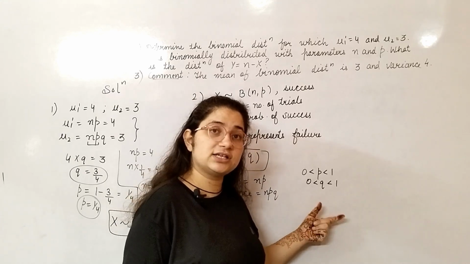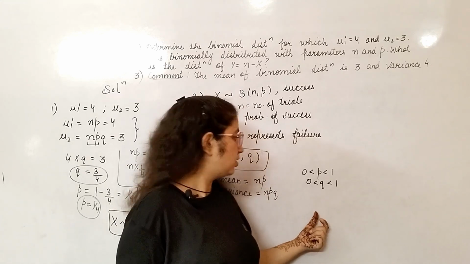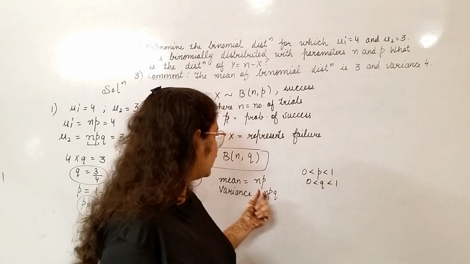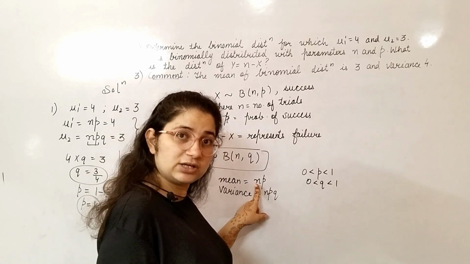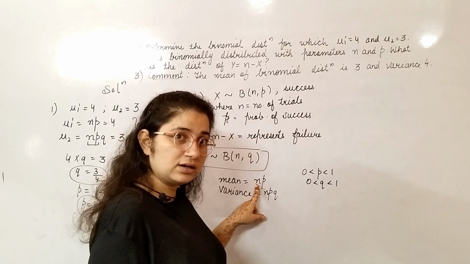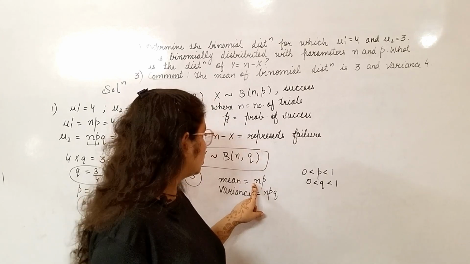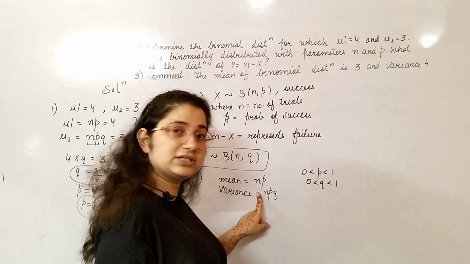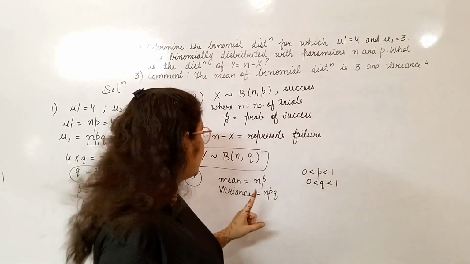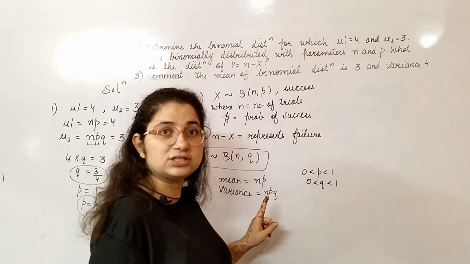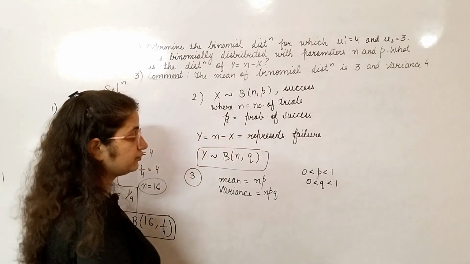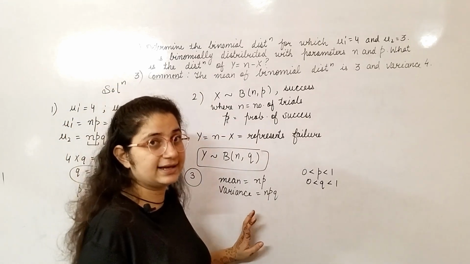Only in that case your sum will be equal to 1. Say if q is equal to 1, then p will be 0, so here 0 and here 0, mean and variance both are equal. If p is equal to 1, then the mean will be n, and your variance will be 0. So from here we can't conclude anything exactly.